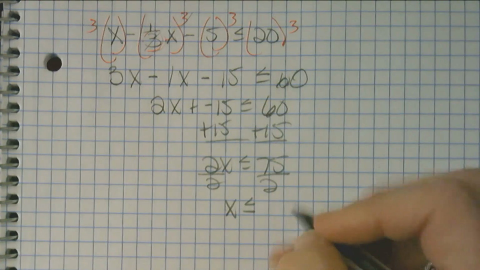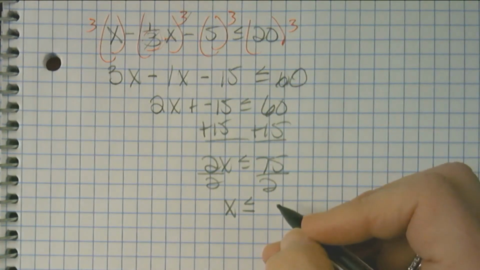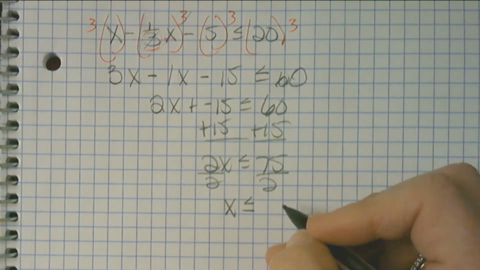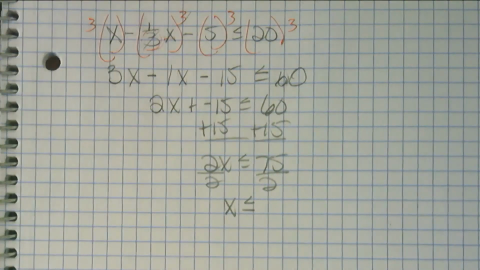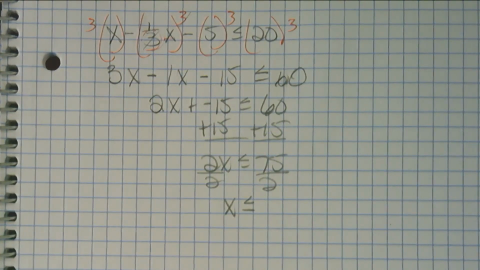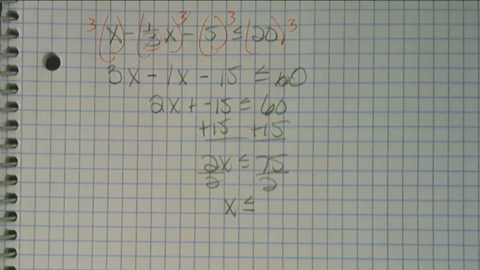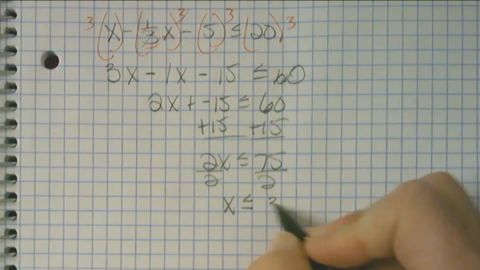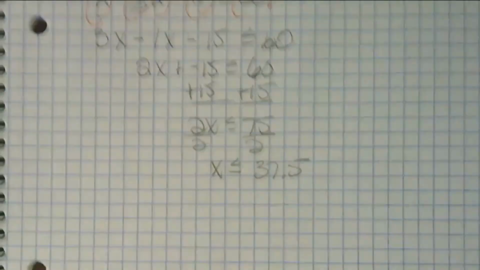Amanda? So it's money. So you need to tell me, remember, X is the amount of money, isn't it? So am I going to say $37.50? $37.50. So let's check that. 75 divided by 2. X is going to be equal to 37.5.